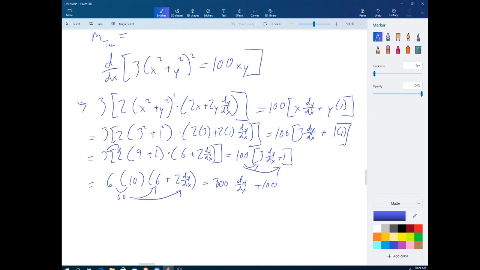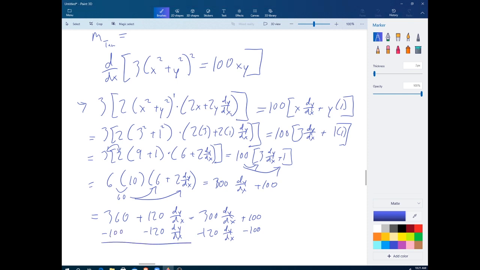I am going to kind of skip a step there and distribute. And get it down to something that's a lot more manageable. And again, just be super, super careful. And pick your sides. Let's see, I'm going to go ahead and put my dy/dx's on the right. And my straight up numbers on the left.